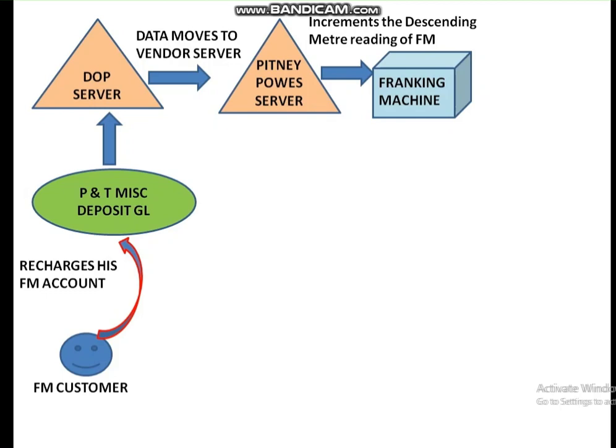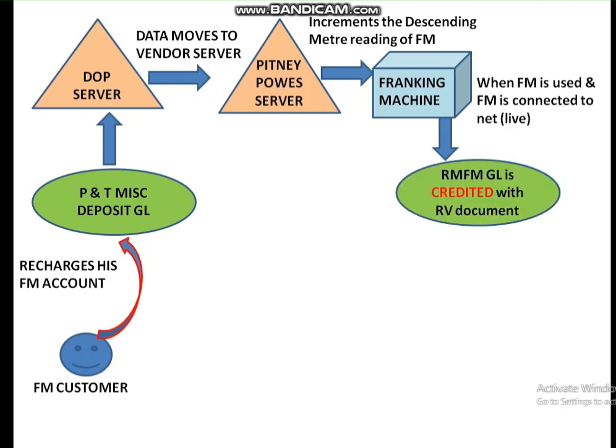Now the customer uses his franking machine to take an FM impression, on accountable articles like speed post, registered post, parcels, and the same customer is using his FM machine to take impressions on ordinary articles, bill mail service, direct post, etc. After taking the impression, if the customer connects his machine to the internet, SAP will get a voucher posting and the RMFM GL will be credited with document type RV.